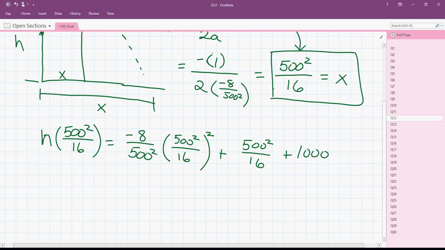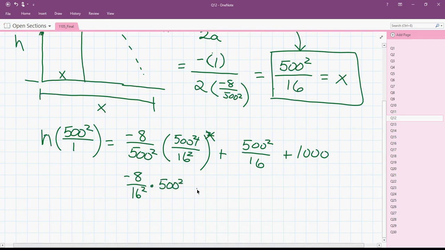So if we wind up doing this, 500 squared squared would just become 500 to the fourth, and this would become 16 squared. So now we can cancel a bit. So we have negative 8 over 16 squared, and then 500 to the fourth divided by 500 squared just leaves you 500 squared.